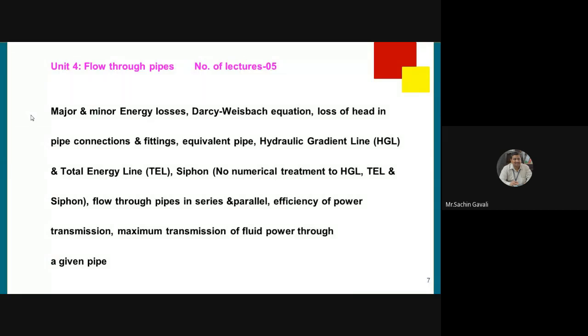Flow through pipes is unit number 4. Write down the syllabus. So what does flow through pipes mean?